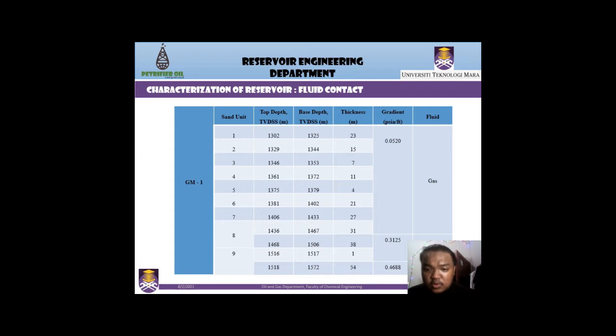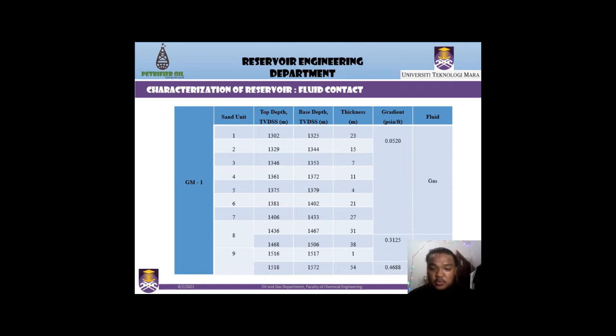For fluid contact, we can see the table 6. At sand unit 1 until 8.1, the fluid phase is gas at 0.52 psi per feet.